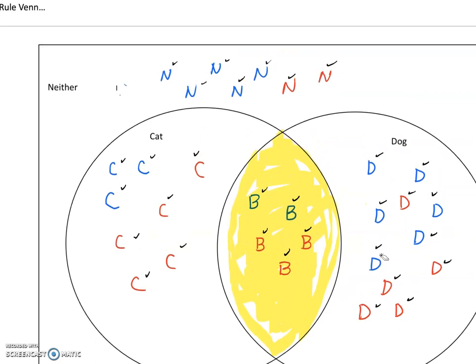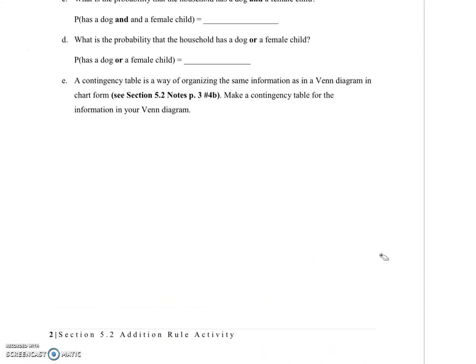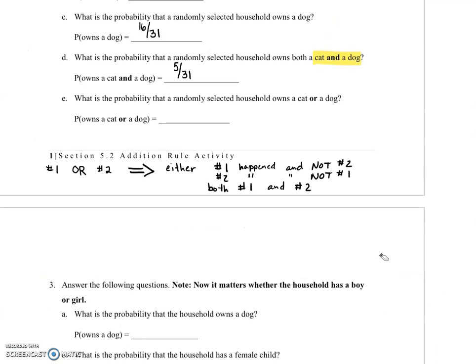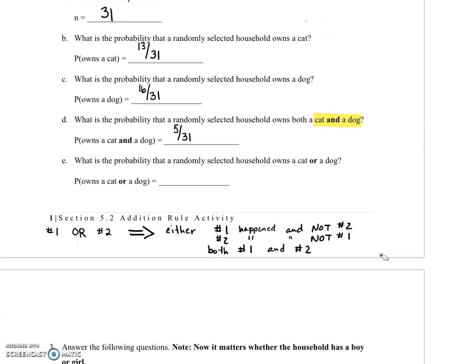So we have 24 total households that have a cat, a dog, or both. So the probability would be 24 over 31.